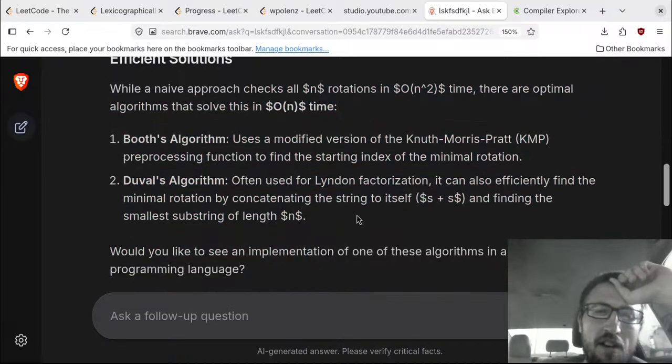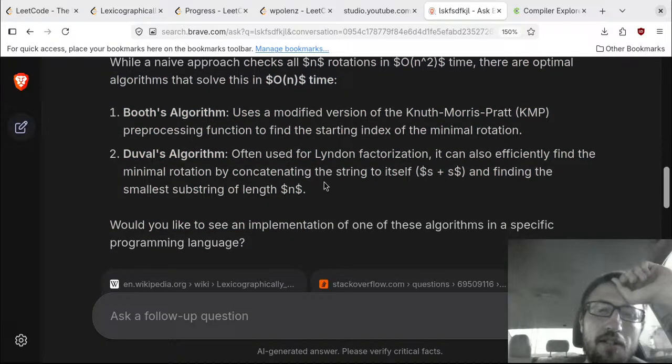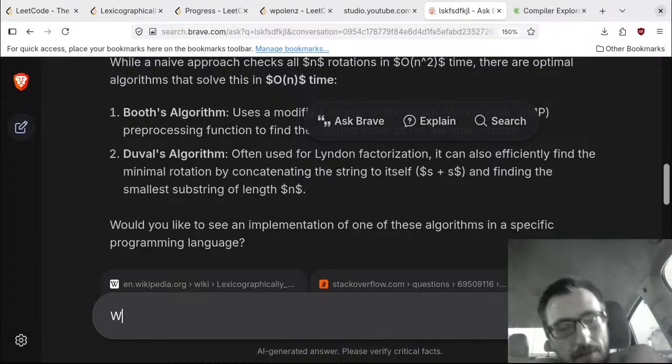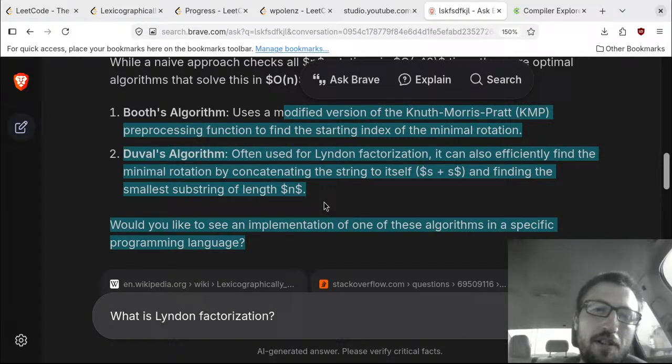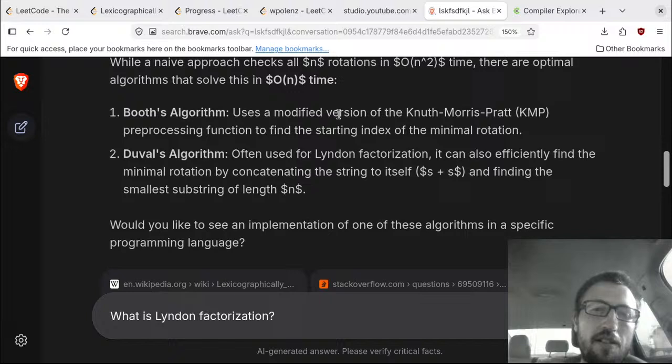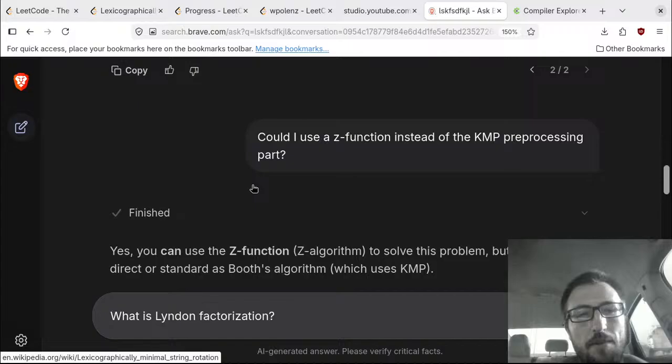Duval's, often used for Lyndon factorization, which I don't know what that is. What is Lyndon factorization? Lyndon factorization can also efficiently find the minimal rotation by concatenating the string to itself and finding the smallest substring of length n. Interesting.